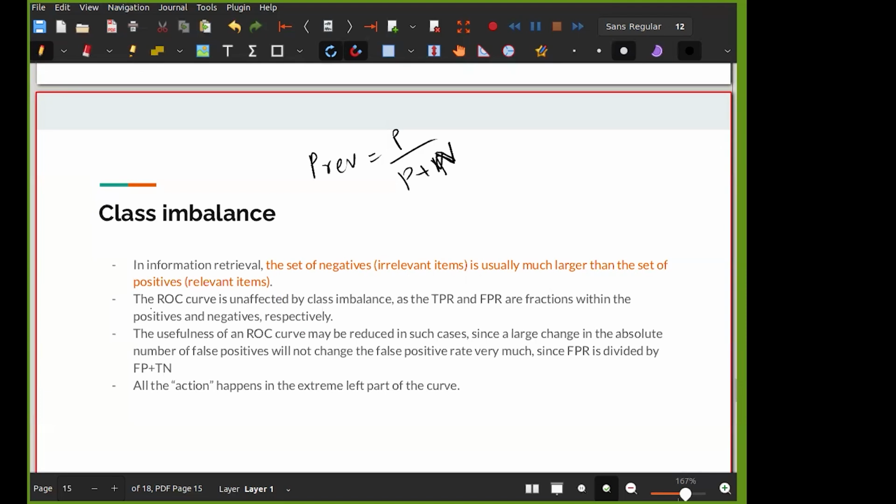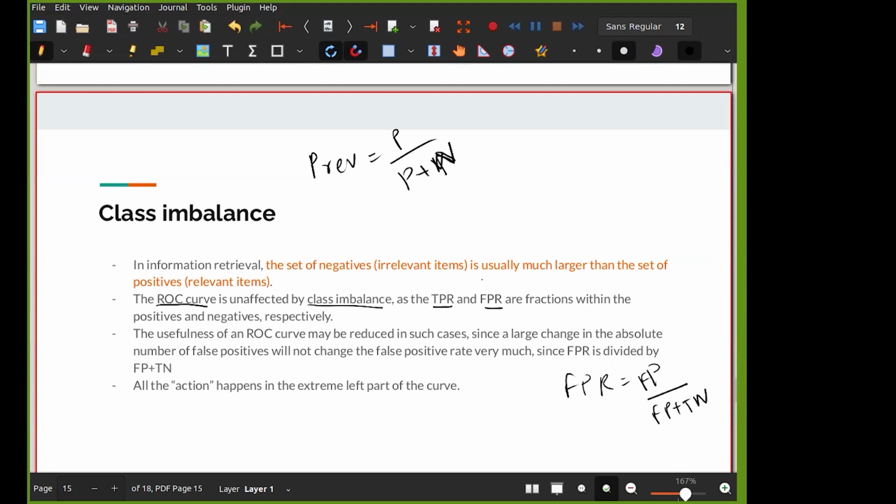And the thing about ROC curve is that it is unaffected by class imbalance, as TPR and FPR are fractions within the positives and negatives. So ROC curve is unaffected by class imbalance, and it might feel like, oh, it's such a nice property, but it's not. The usefulness of ROC curve in these kinds of situations is reduced because, let's say, if we focus on FPR, this is my FP divided by FP plus TN.